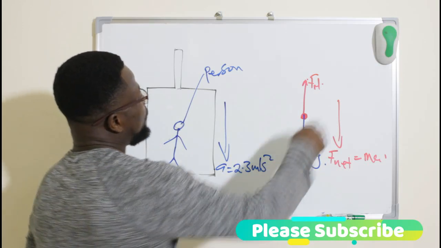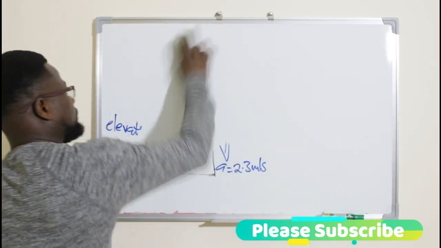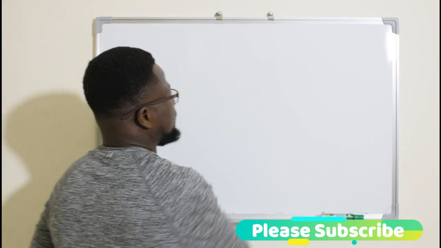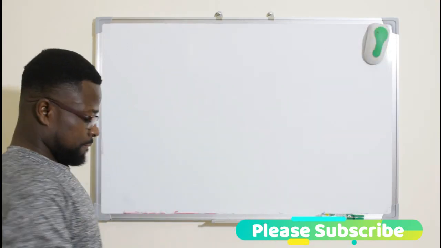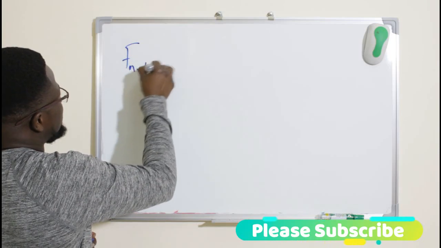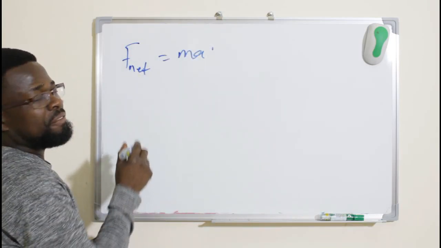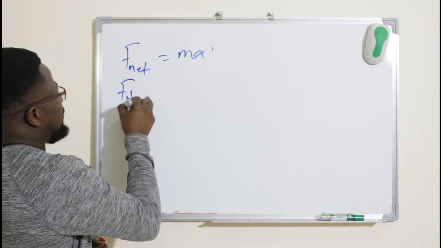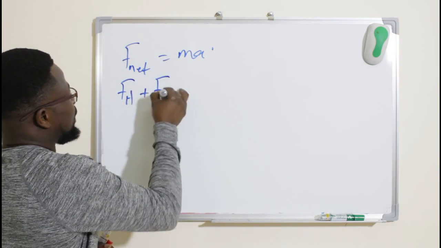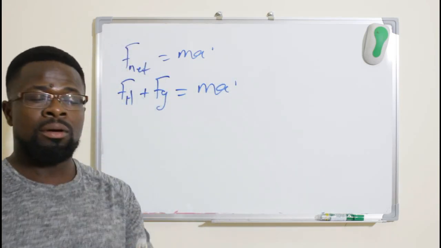So if my net force is not equal to 0, let's solve the problem. We can apply Newton's laws. Our F net is equal to MA, and F net is now Fn plus Fg, and that is equal to MA.